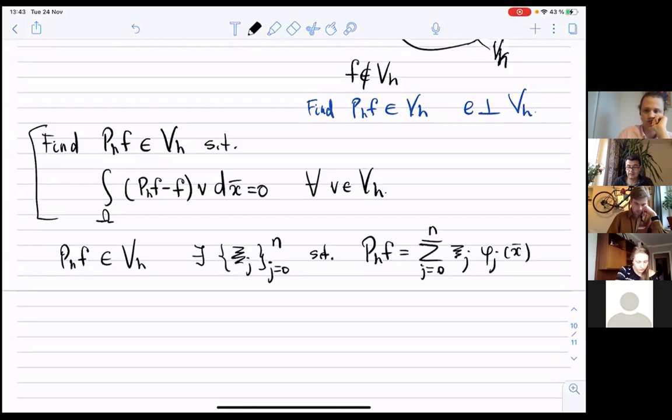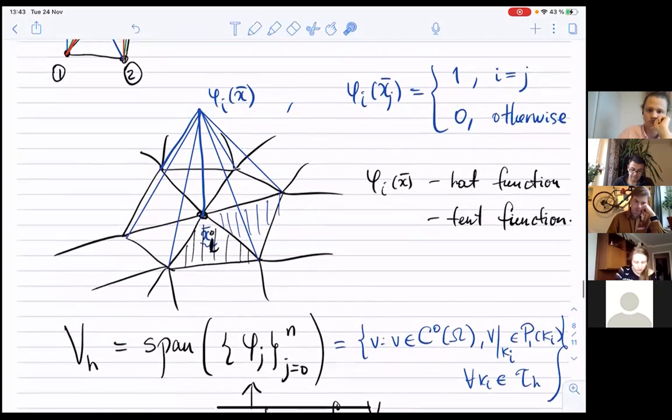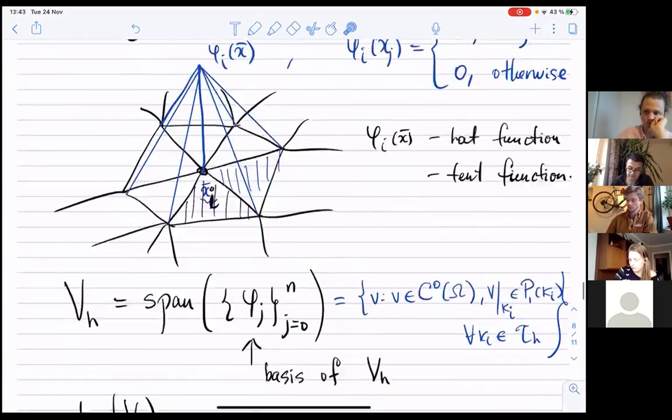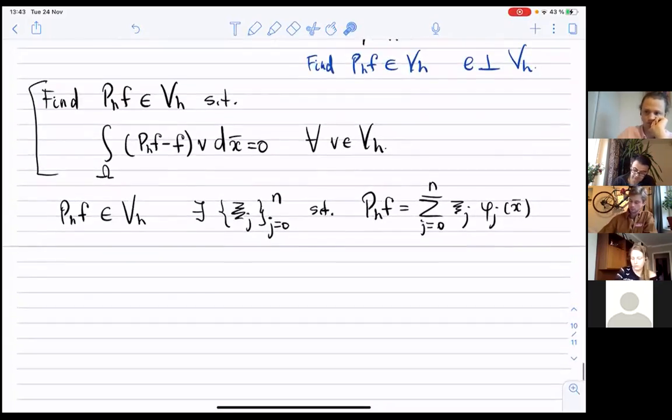So these are the hat functions that we defined yesterday. For example, this hat function in this patch is defined in this form: 1 at this point i, 0 otherwise. So it is defined on the whole domain, but it is nonzero only in one small patch; otherwise it's just the zero function. Right.